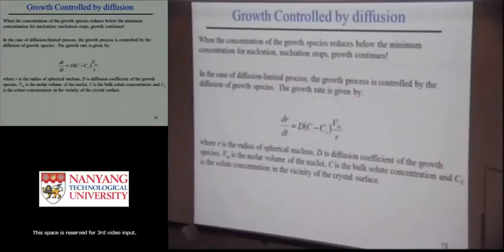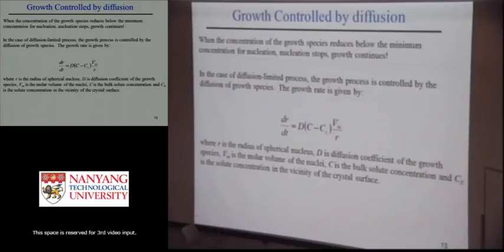The growth rate has some equation. Although it's not a focus of mathematical calculation, we have to understand the physical meaning, especially regarding the answer. This equation can be mathematically solved. I give you the answer, and the physical meaning of the answer will tell you the outcome of this growth process.